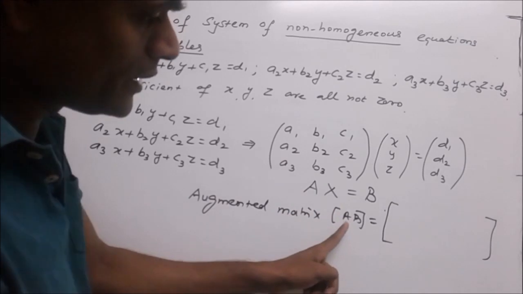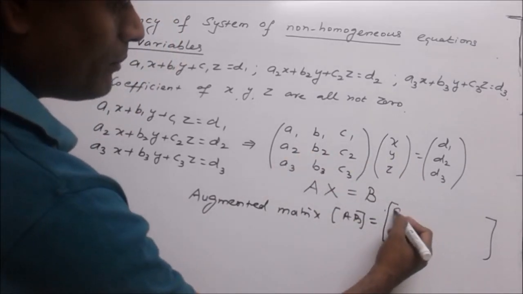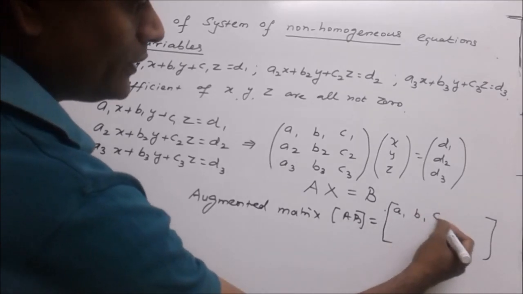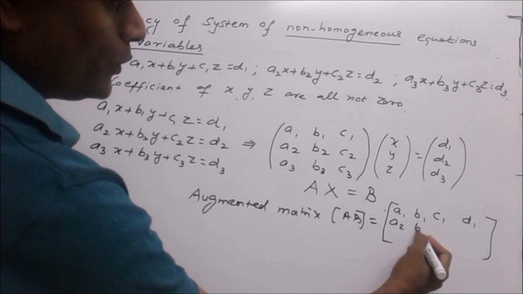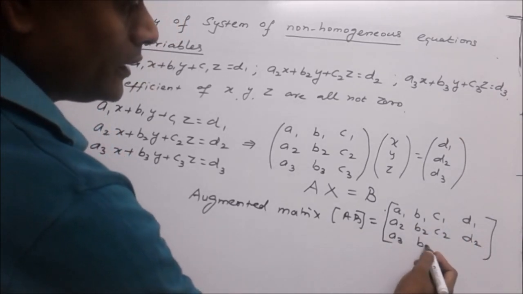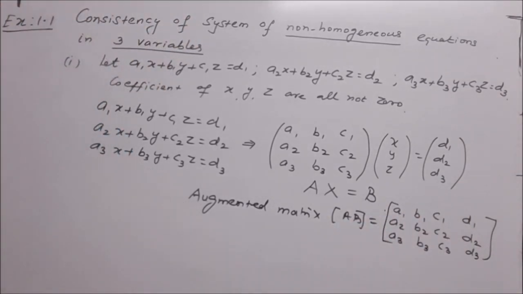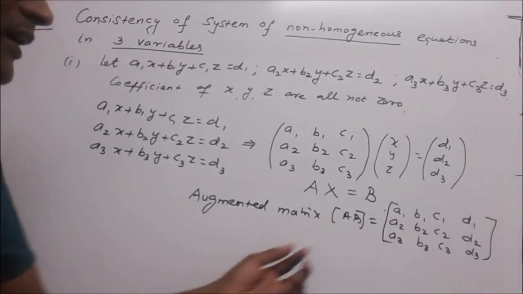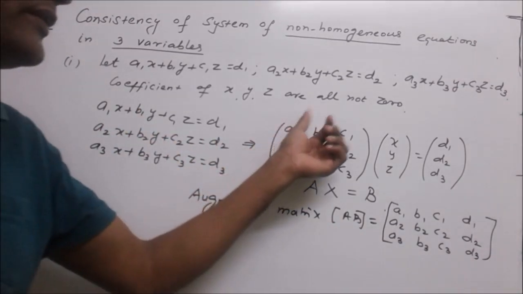A and B are combined to form a new matrix: a1, b1, c1, d1; a2, b2, c2, d2; a3, b3, c3 and d3. This is known as the augmented matrix. Augmented is nothing but the combination of A and B. We are forming a new matrix by using the matrices A and B.